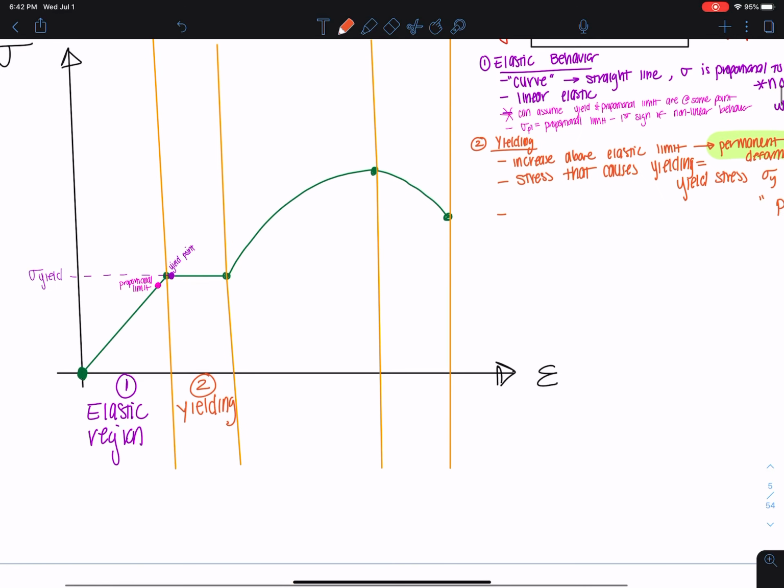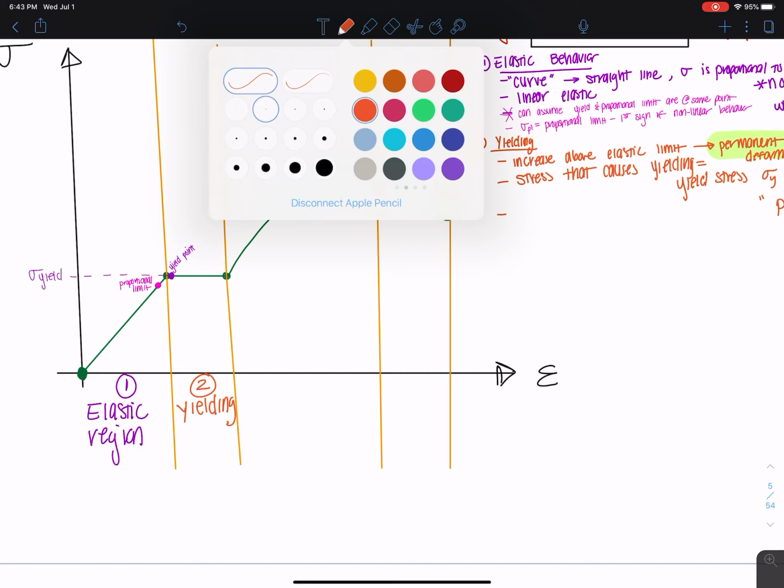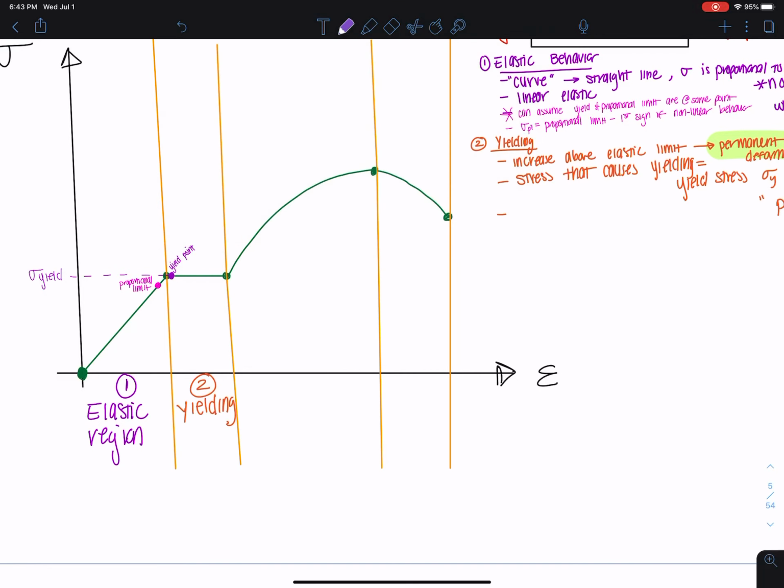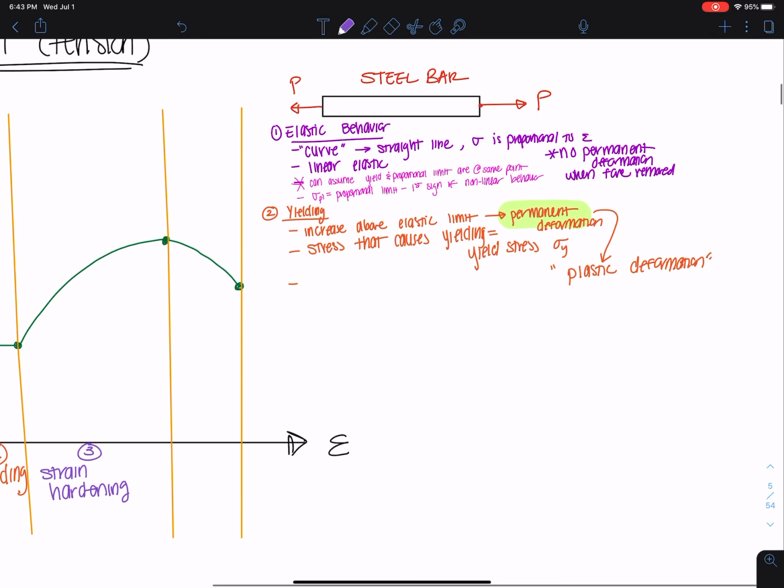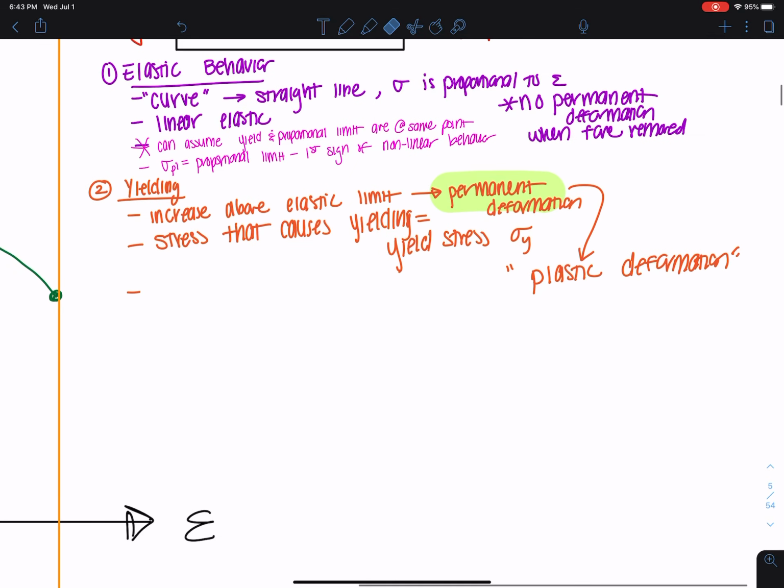The third section we have here, let's use this color here. We call this third section strain hardening. Okay. Basically, here, let's come to our note area. Strain hardening means that yielding is over.